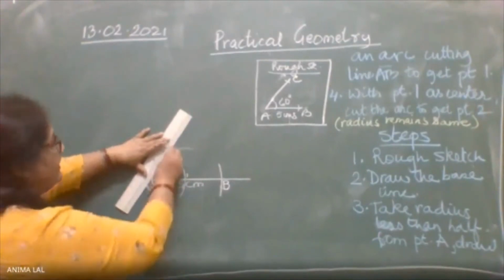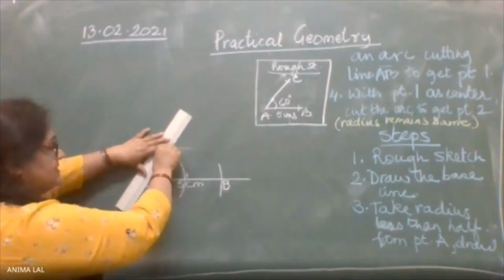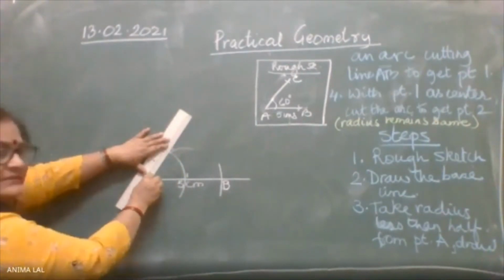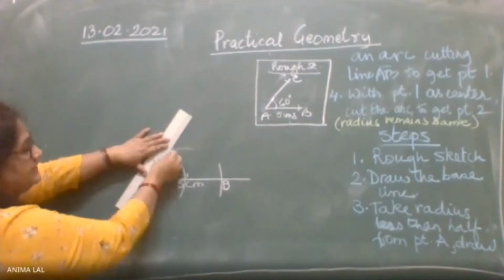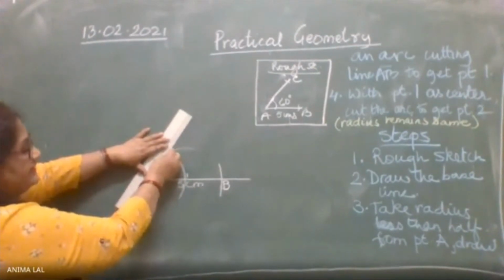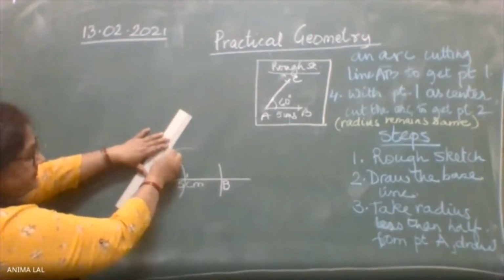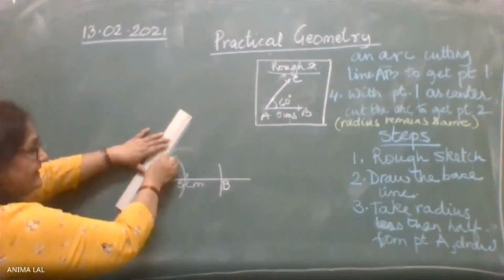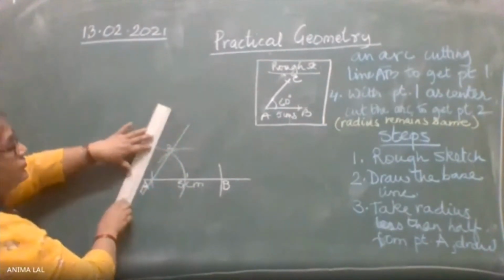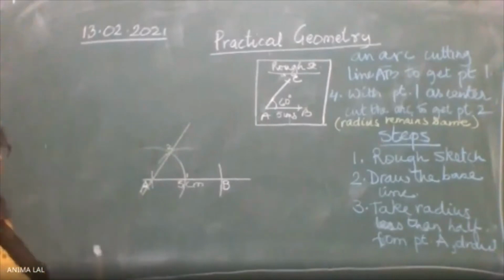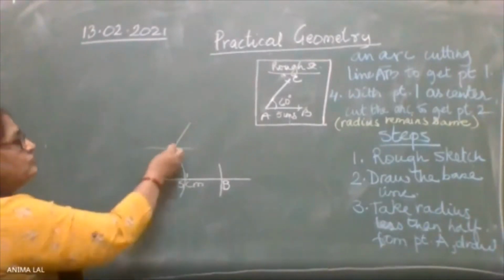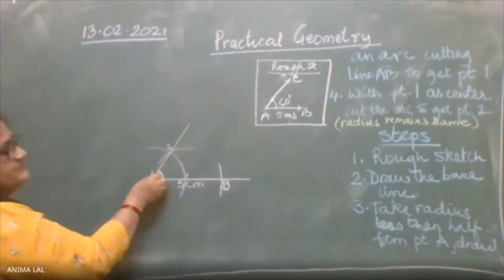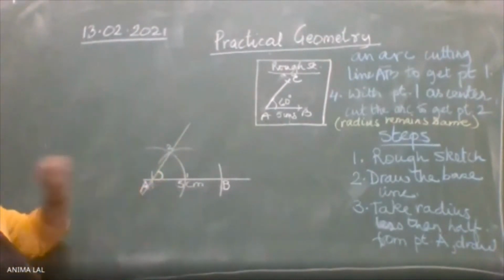Put your pencil point here, see if it is at the edge of the ruler. If it is not at the edge, adjust it. Then again check both the points. If it is at the edge of the ruler, then draw a line passing through the points. It has to pass through the points. Now this is the angle that has been formed.